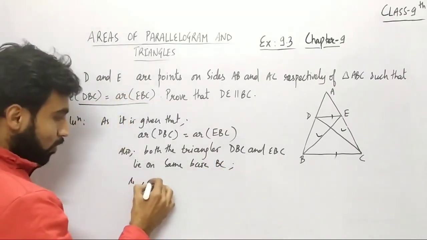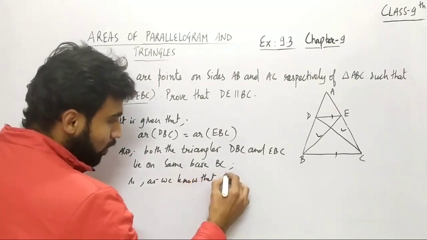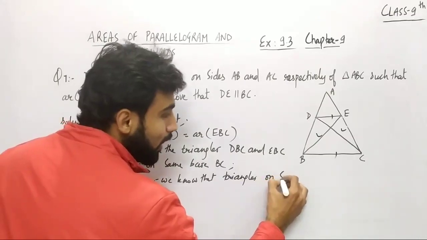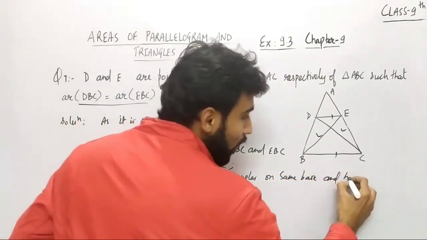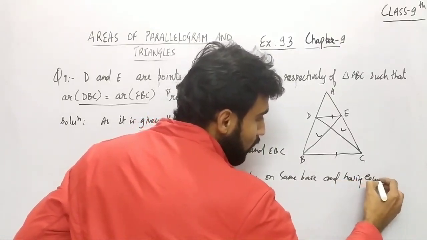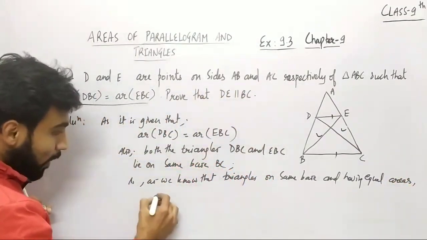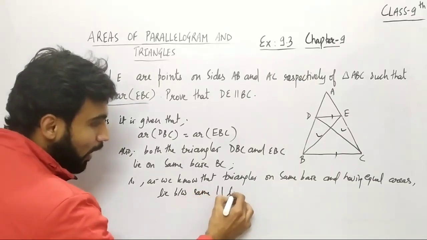So as we know, triangles on the same base and having equal areas lie between the same parallel lines.